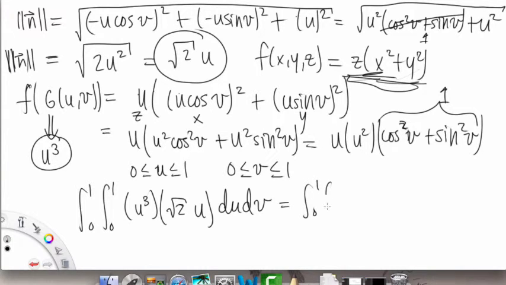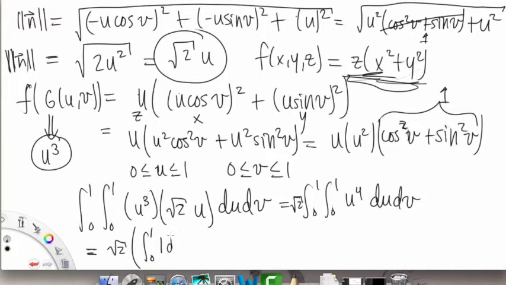So we get 0 to 1, 0 to 1, and I'll write the square root of 2 in front so we don't have to bother with it. And then we get u to the fourth, and then du dv. And this is an iterated integral, so we can break it up and group them into separate integrals. So I'll just do the v stuff first, and that's just a 1.